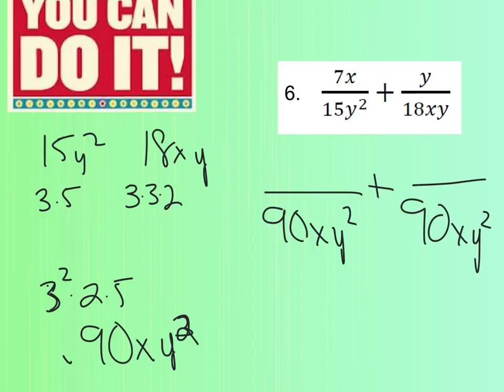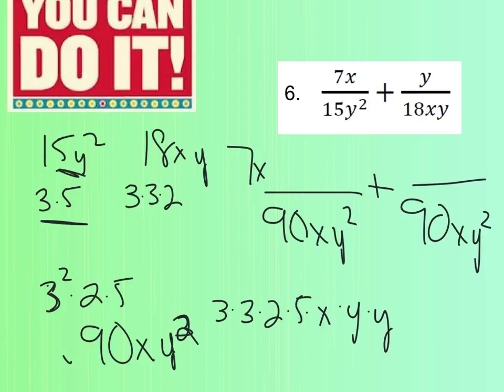So now I need to figure out how do I manipulate the top to match the bottom. So this becomes, so 90xy squared would be 3 times 3 times 2 times 5 times x times y times y. Well, I have 7x, but what do I not have already on that underneath?